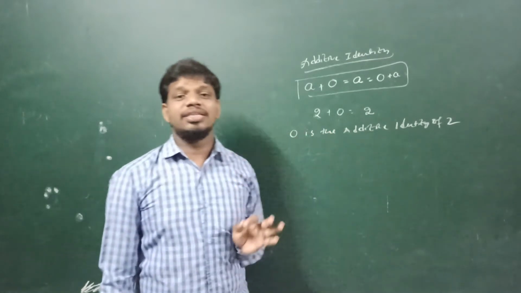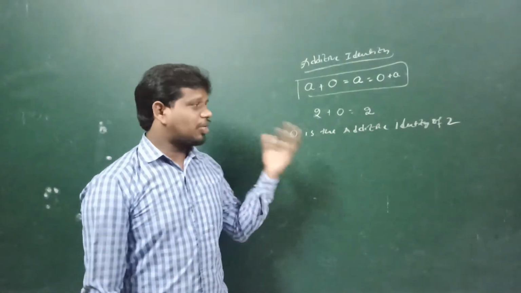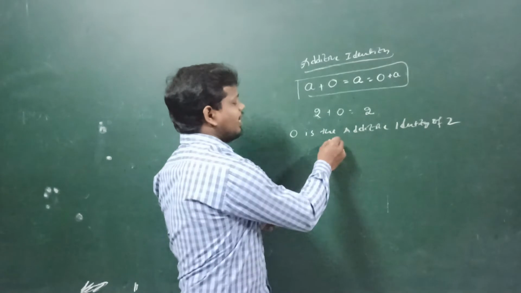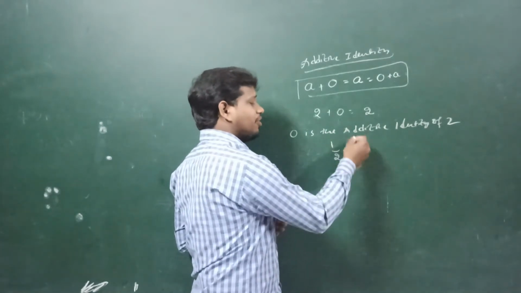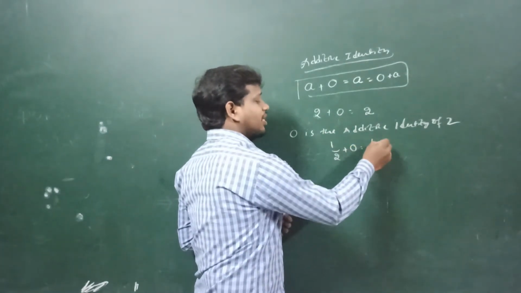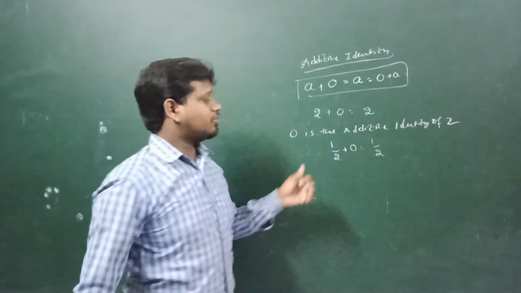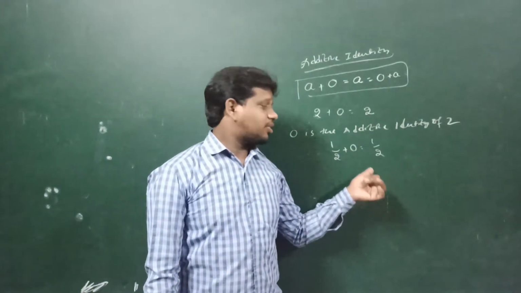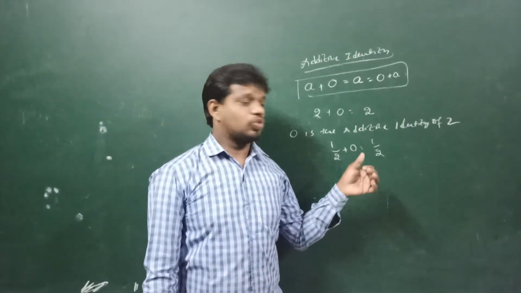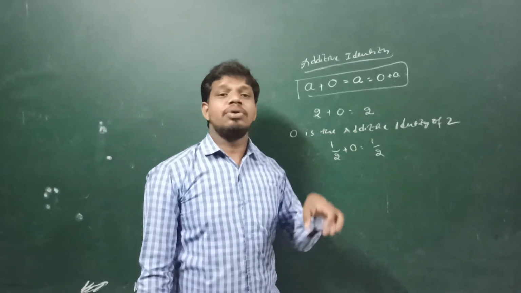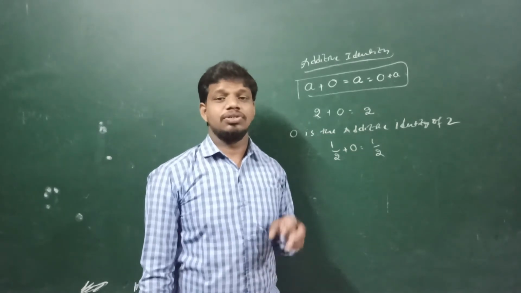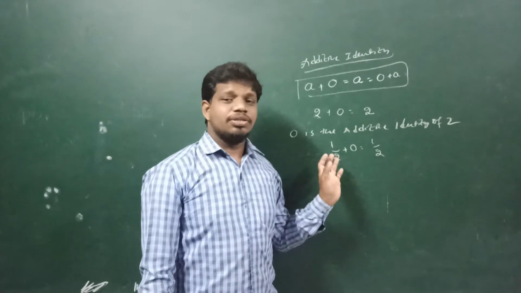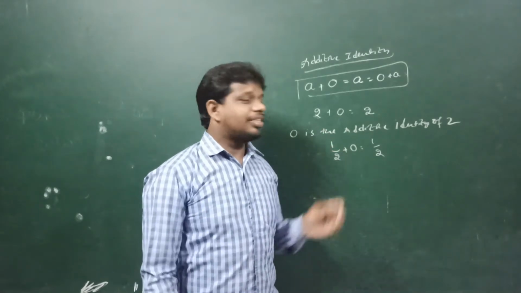Not only 2, you can take any number. Any number if you add with 0, it gives the same number. So that's why we call 0 the additive identity. So this is about additive identity, children.